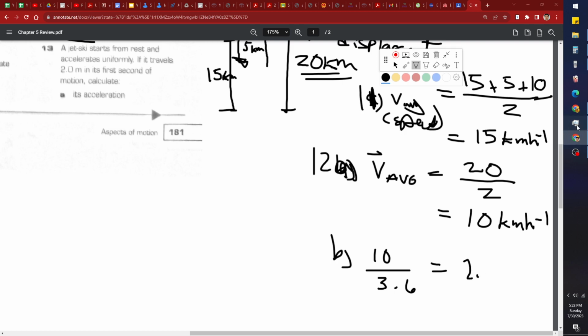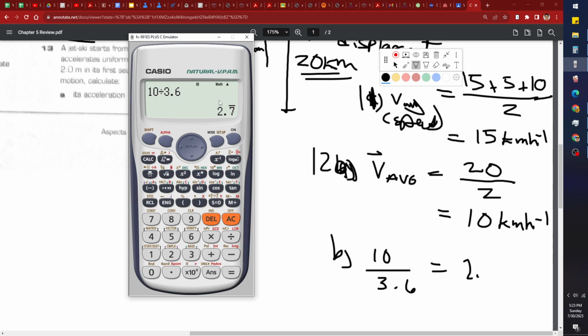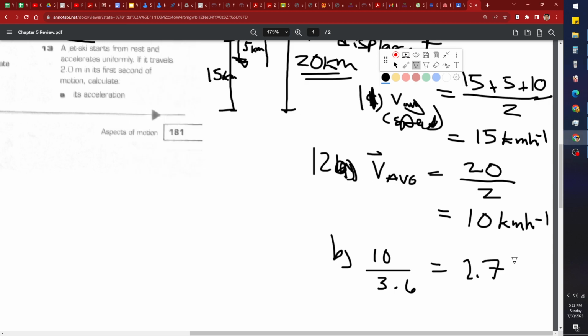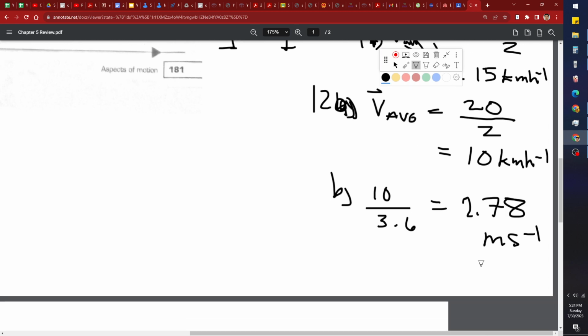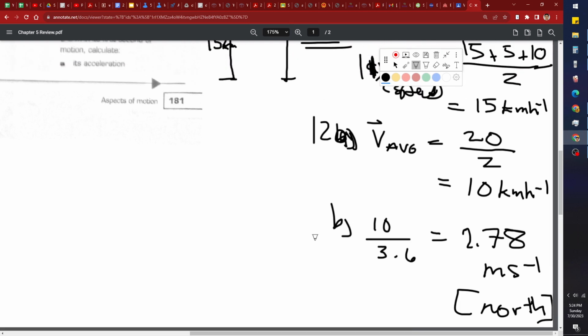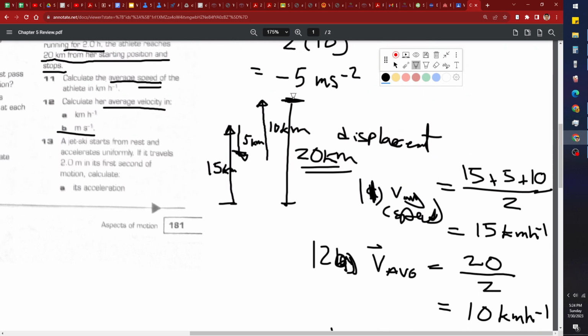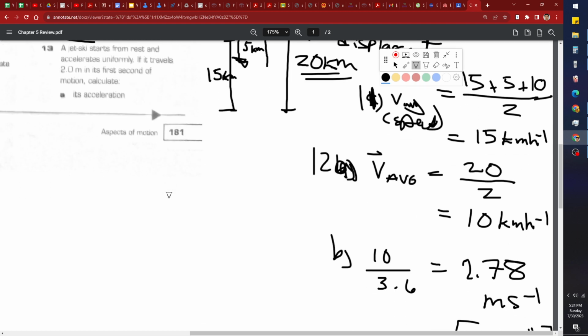See how it was like 2 in the hat? That means 2.7777. So 7, and then we're going to round this 7 to 8. And the direction, if the question says direction too, then we know we're going north, because that's where she ended up here. She finished north of her position. Okay, let's continue on.